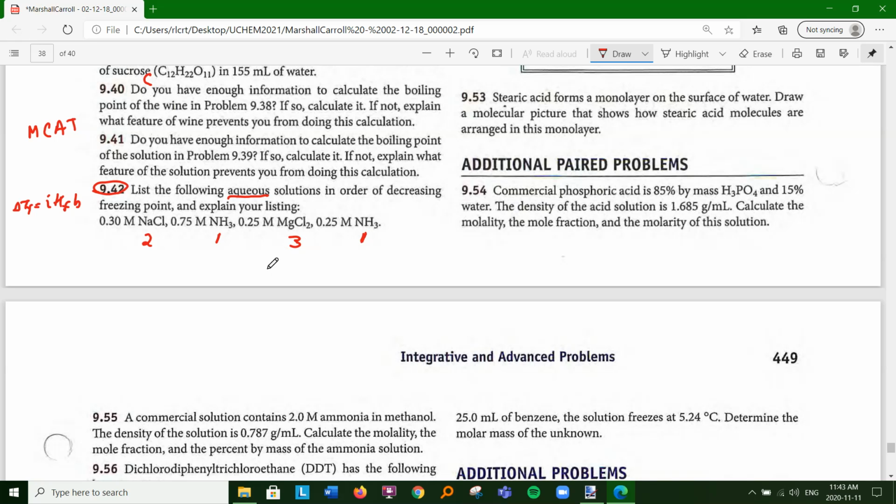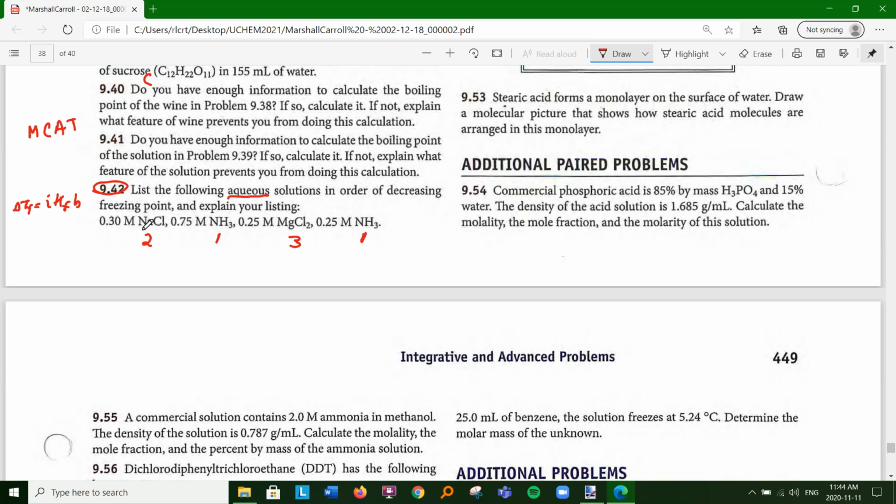Now, the moles. Let's all assume we have a kilogram of solvent, so the solvent's the same. We have moles per liter. Think of a liter as pretty close to a kilogram.